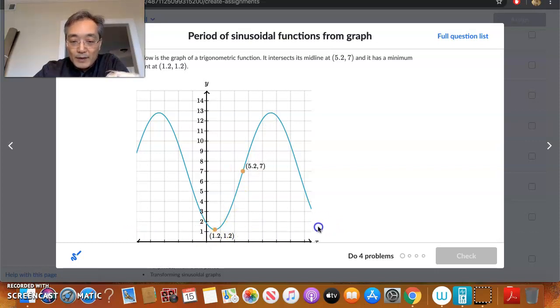Now here we don't have the graph of the other minimum values, just one minimum, two maximums. And they give us the coordinates for the minimum here, and they give us the coordinates of the midline here. So then how are we going to find the distance of two consecutive minimum or maximum values?